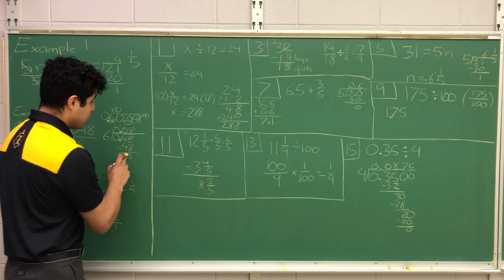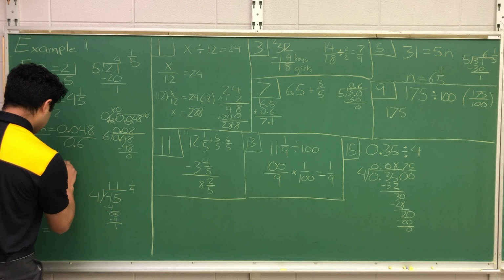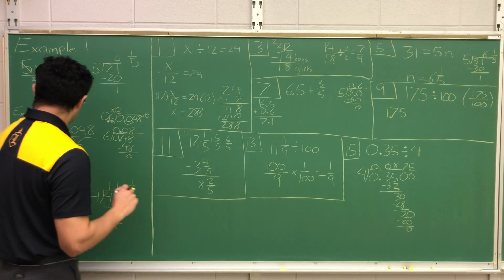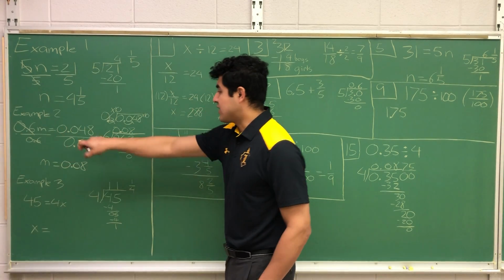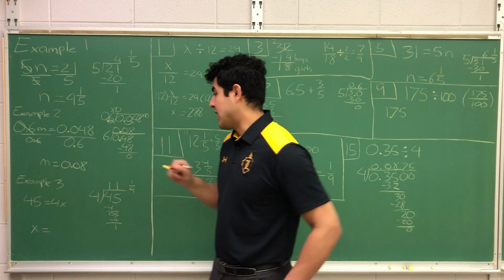We subtract it, and we see there's no remainder, so we don't have to keep going. But we found out what m equals. M equals 0.8. So if we were to take 0.6 times 0.8, our final answer would be 0.048.